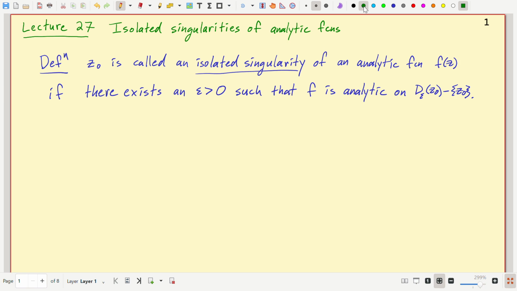Well, today I'm going to talk about an important subject, namely isolated singularity of analytic functions. And that's going to pave the way for us to do the residue theorem next week, which is one of the big applications of this subject to science and engineering.